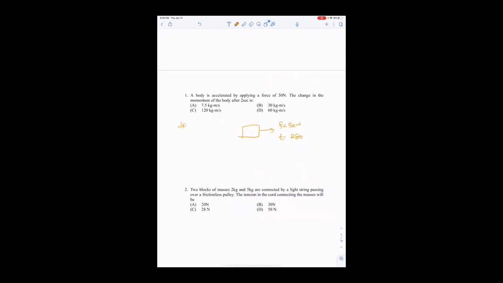So as you know, dP by dt is force. So dP is F dt. You can remember why I'm writing this. This is always valid. Even when force is a function of time and momentum is a function of time, this is still valid, right? If you integrate, delta P is the integral of F dt.